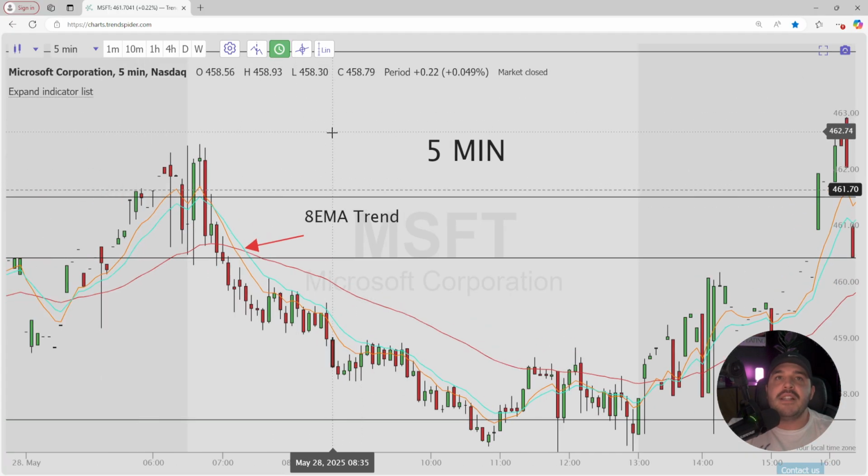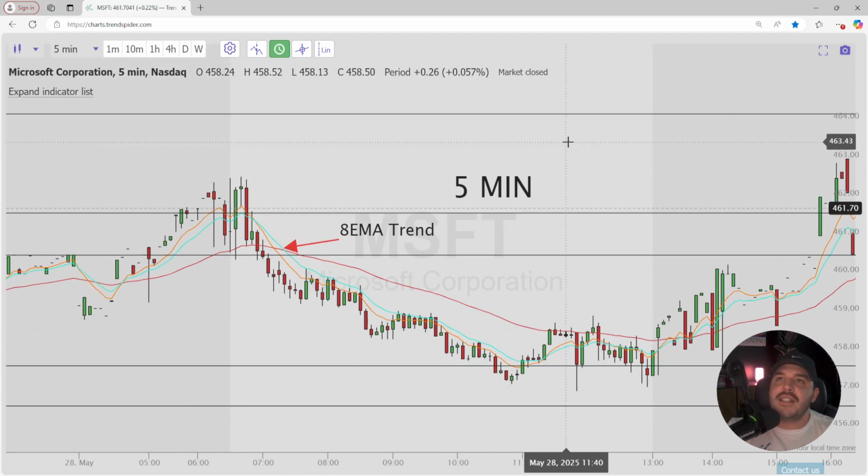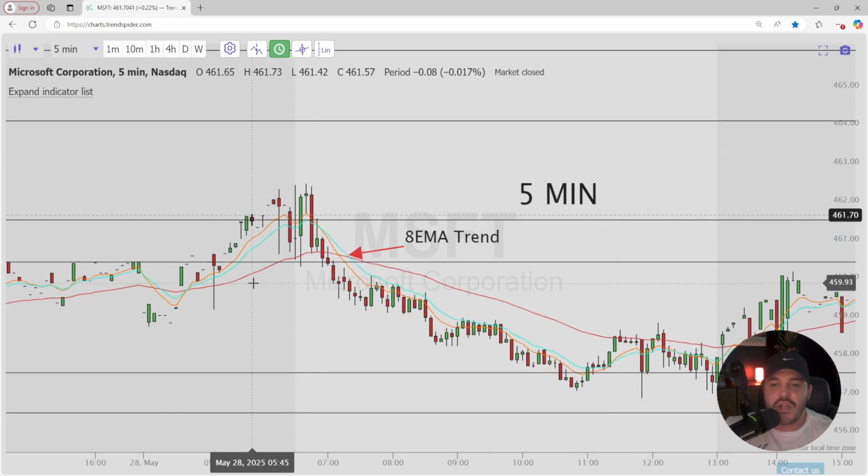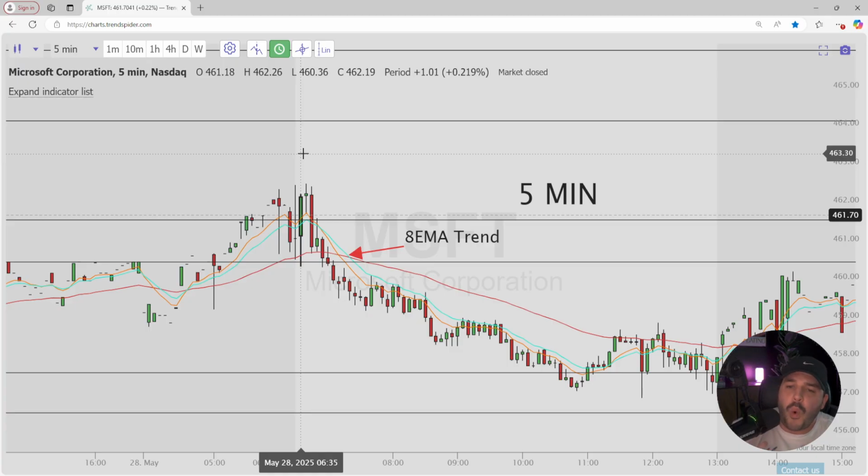The 5-minute time frame is very good because it's going to give you a little bit more candles within the first 30 minutes or hour. It's going to help you understand what exactly is going on and break it down a little bit better. So what are we looking for? Well, we're looking for a smaller EMA, the 8 or the 9, crossing a higher EMA, the 13, as well as the 13 crossing the 48.